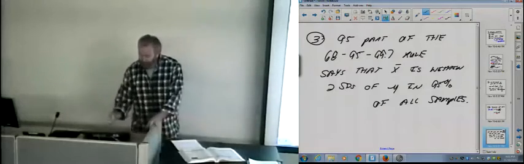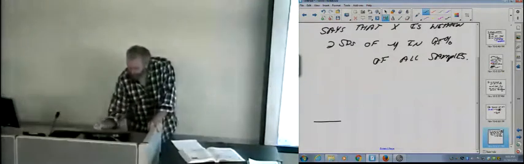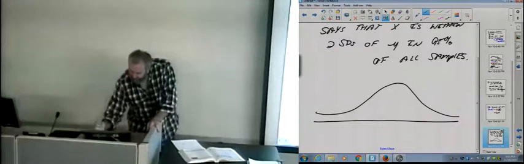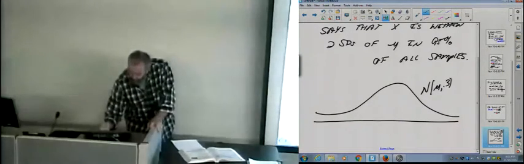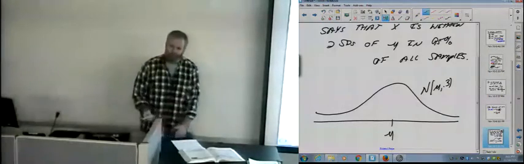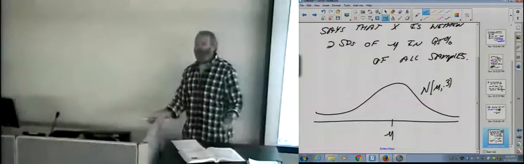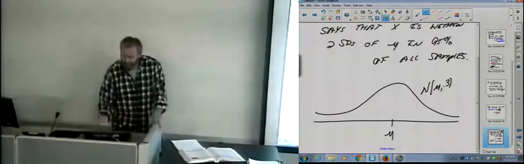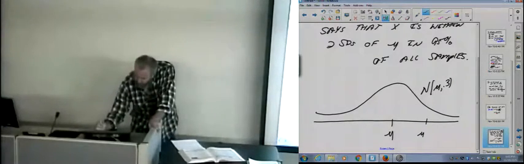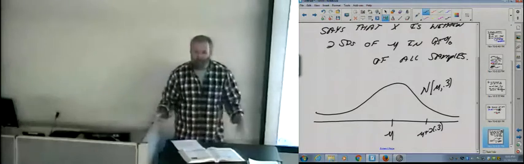Here's what we're telling you. I'm going to draw you a picture of this. Here's that sampling distribution. Mu is sitting right here. Don't know what it is. That's the thing you're trying to estimate. But I know if I go 2 to the right and 2 to the left, in other words, if I come over here to mu plus 2 times 0.3, does everybody understand why I'm writing a 2 and a 0.3?